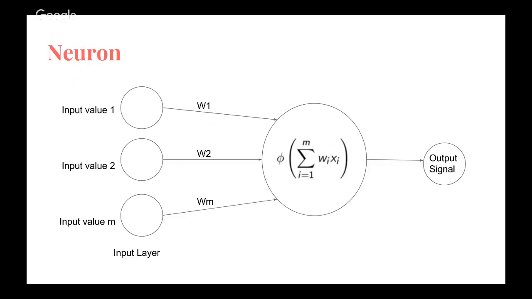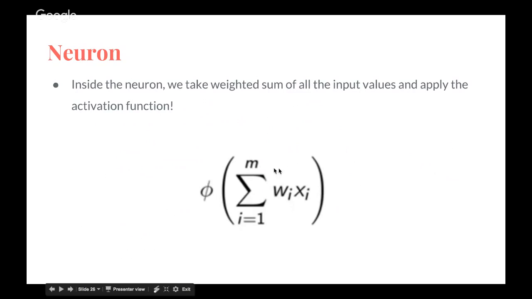Now, what happens inside a neuron? I told you that it processes the information and provides us the output, but what actually happens inside? We take the summation, and inside the summation we have wi and xi.